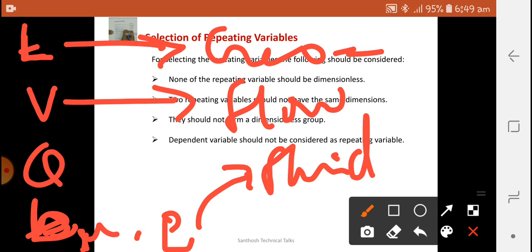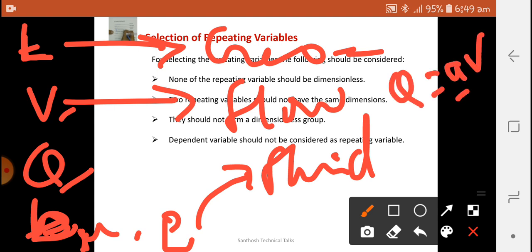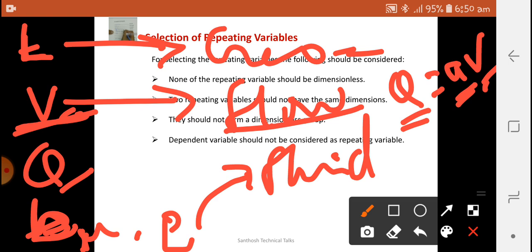And for flow property, we have velocity and discharge. We know that for finding discharge it is area into velocity, therefore the discharge may not be a flow property because velocity is involved. The velocity can be a flow property, so we choose the velocity as the flow property.